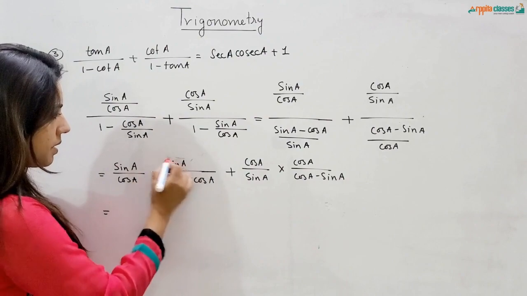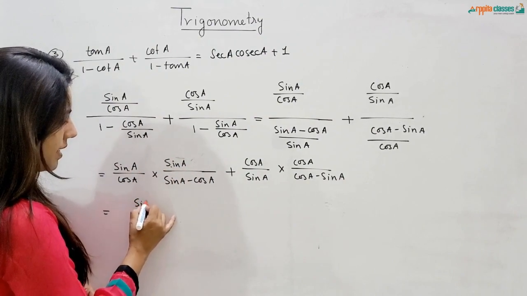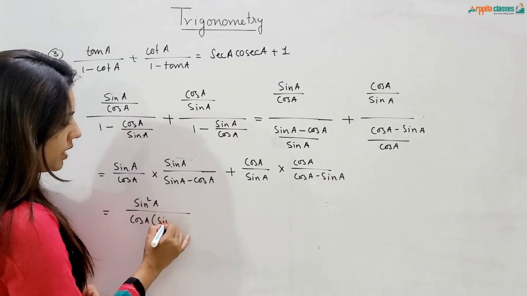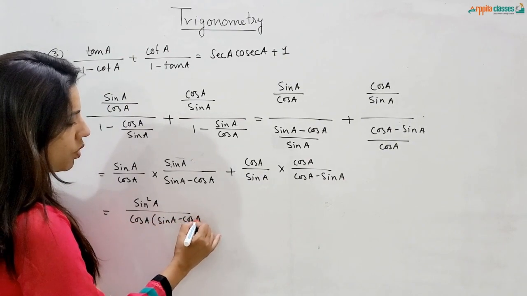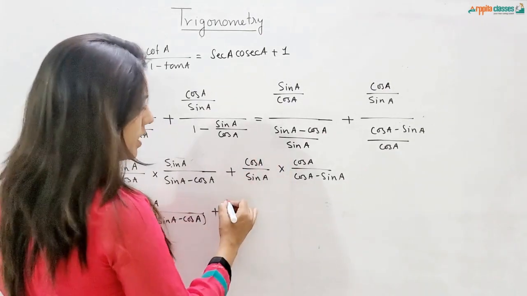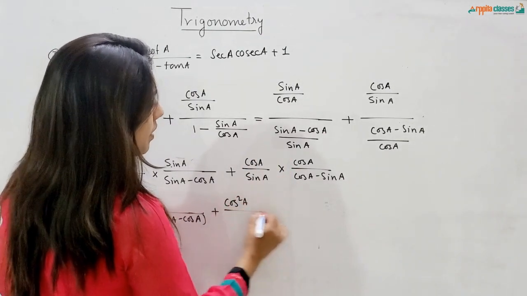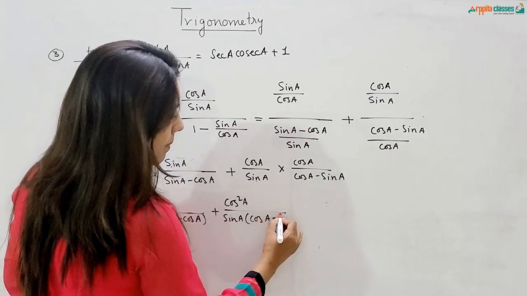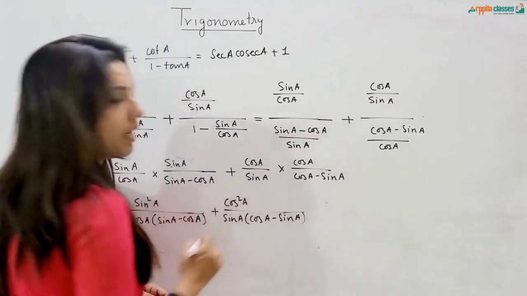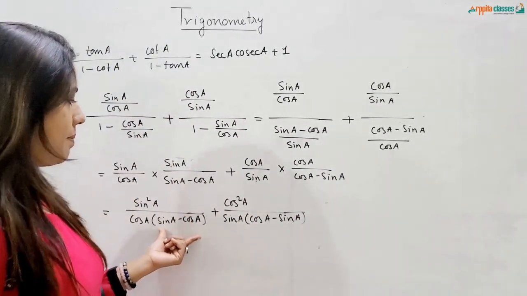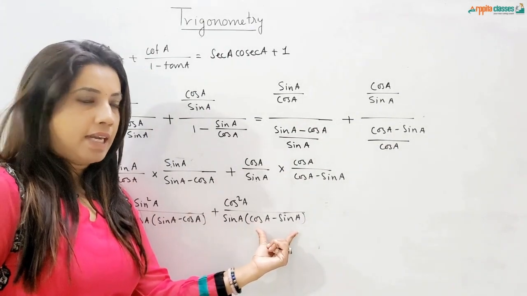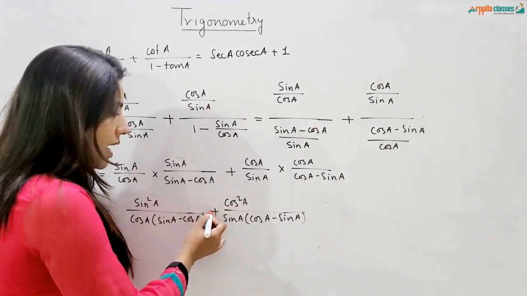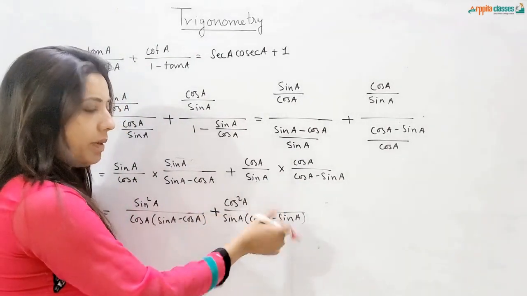So from this term I get sin A into sin A, that's sin square A divided by cos A whole into sin A minus cos A, plus cos A into cos A will give me cos square A divided by sin A whole into cos A minus sin A. Now see, here I got sin A minus cos A, here I have got cos A minus sin A. So what I will do is again I will take a minus sign common from here and this sign will change, plus to minus, and this will be reversed.